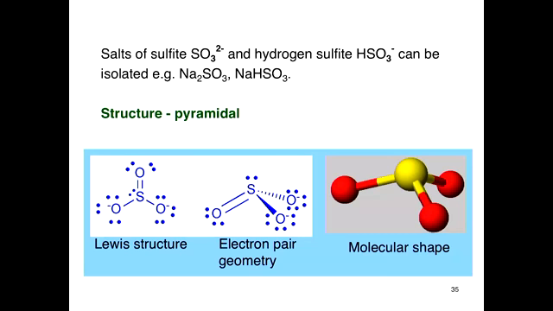We have an extra 2 electrons, so where do they go? They're a lone pair on the sulfur. So we have a lone pair of electrons on the sulfur atom in SO3 2-, and it's got that pyramidal shape. So be aware of those two shapes, SO3 and SO3 2-.